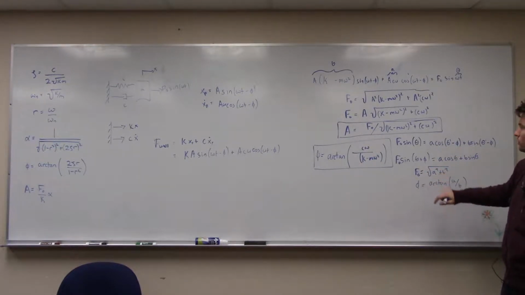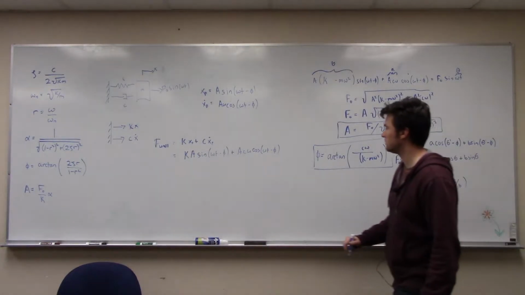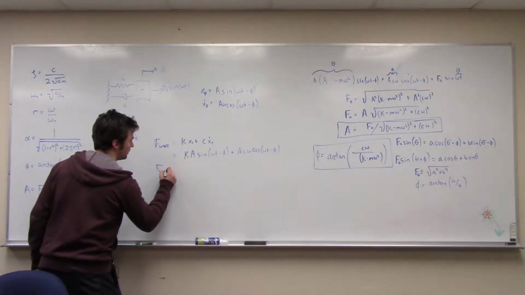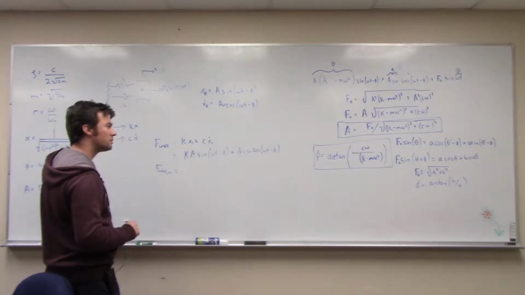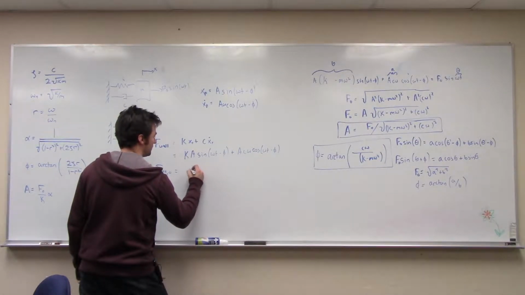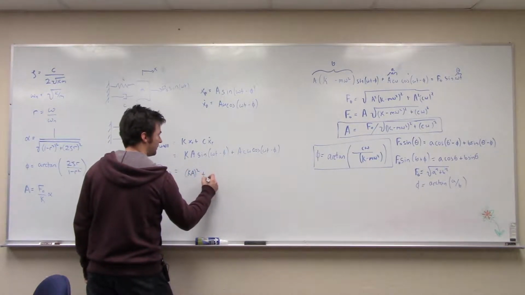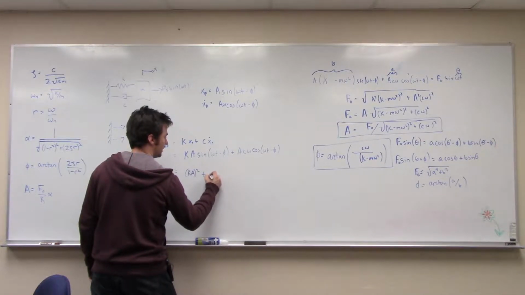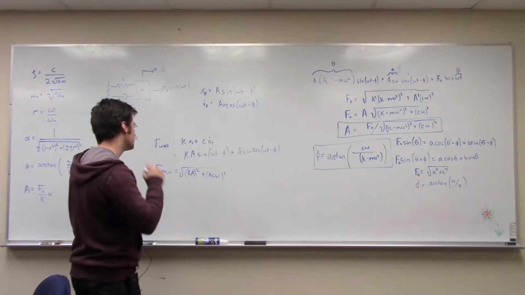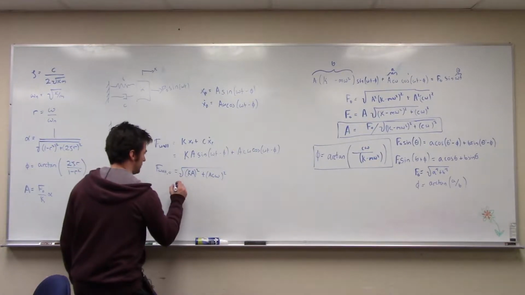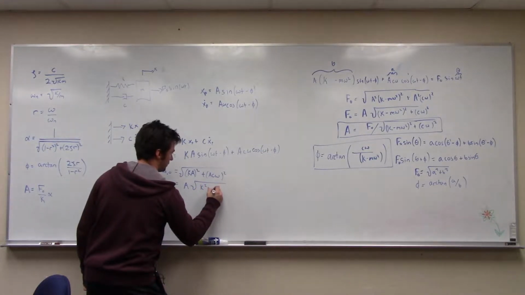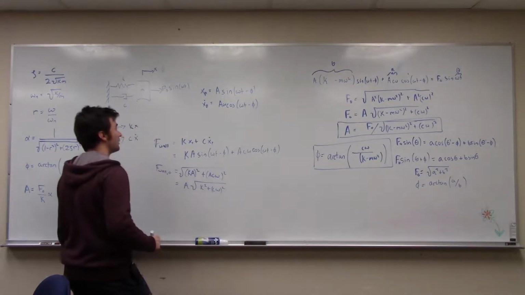So the amplitude of the force on the wall, F wall naught, is going to be the square root of a squared plus b squared. That's the square root of kA, all squared, plus A c omega, all squared. Let's take out the A: A times the square root of k squared plus c omega, that squared.